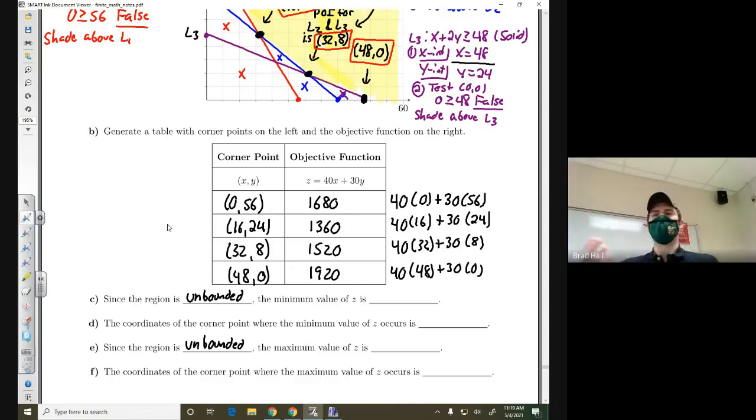When we have to find the minimum, it's the exact same thing as maximum, except we find the smallest value. Smallest value here seems to be 1,360. And for the next part, just like we did in the last section, this one's the ordered pair that corresponds to that minimum value.